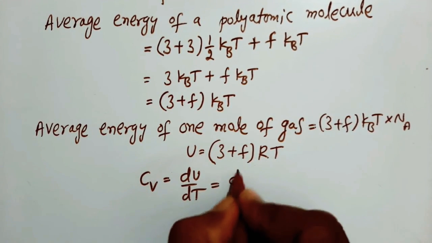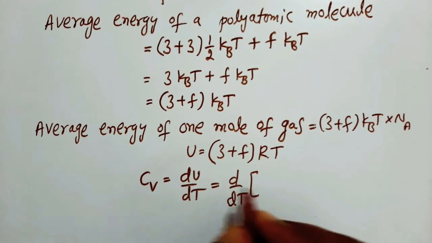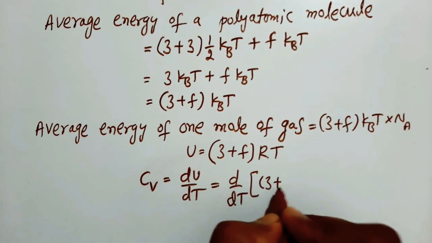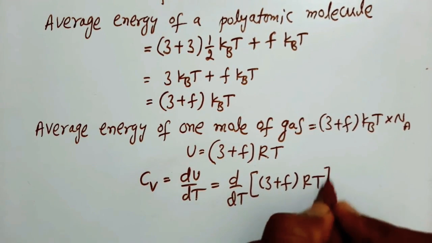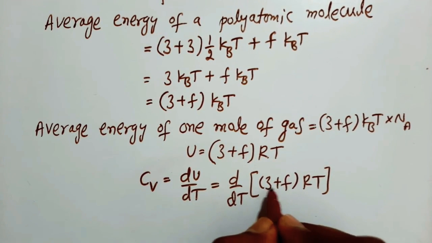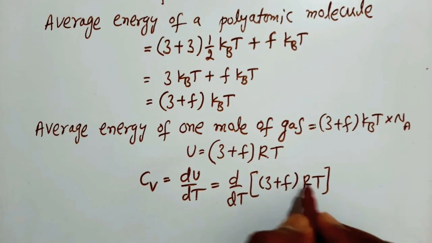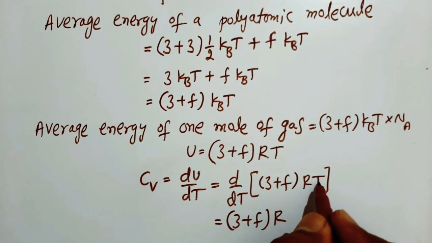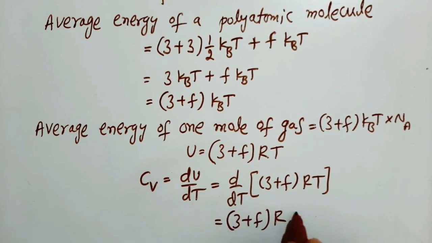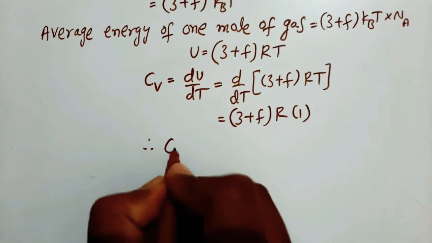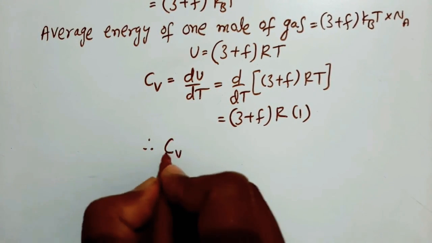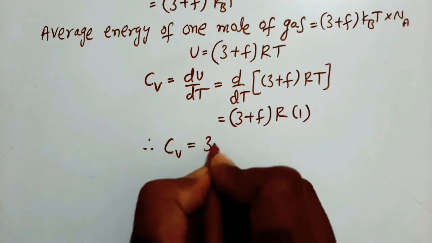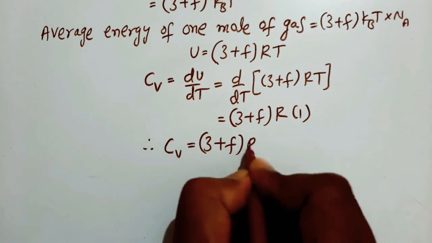So that is here dU by dT, where U is equal 3 plus f into RT. Here 3 plus f into R is constant, take outside. The differentiation of temperature with respect to temperature is 1. So here we get specific heat at constant volume Cv is equal 3 plus f into R.